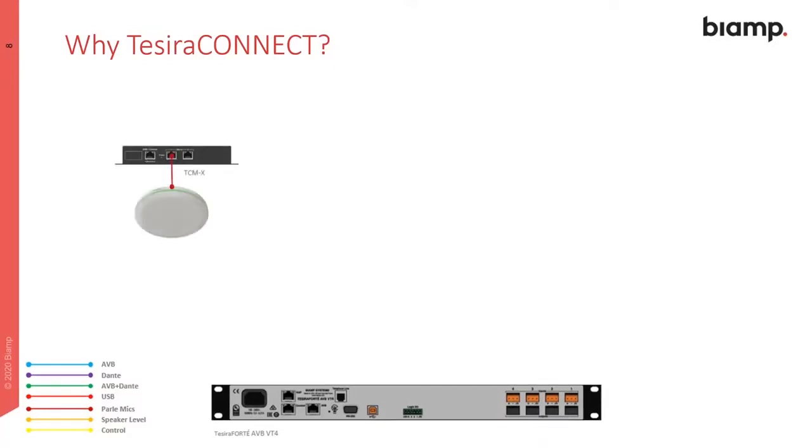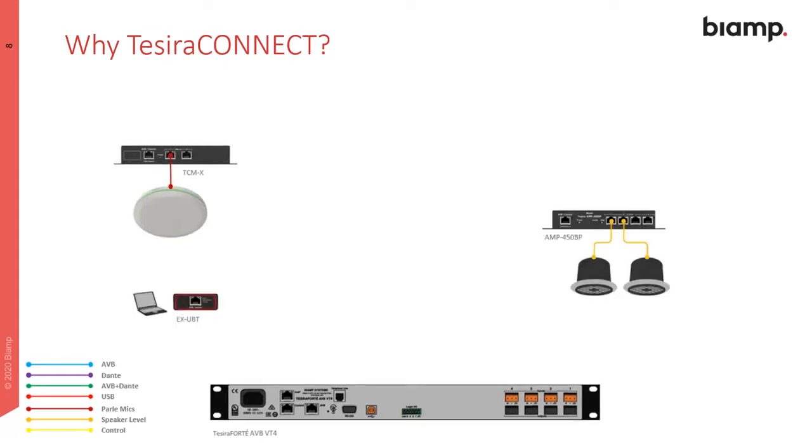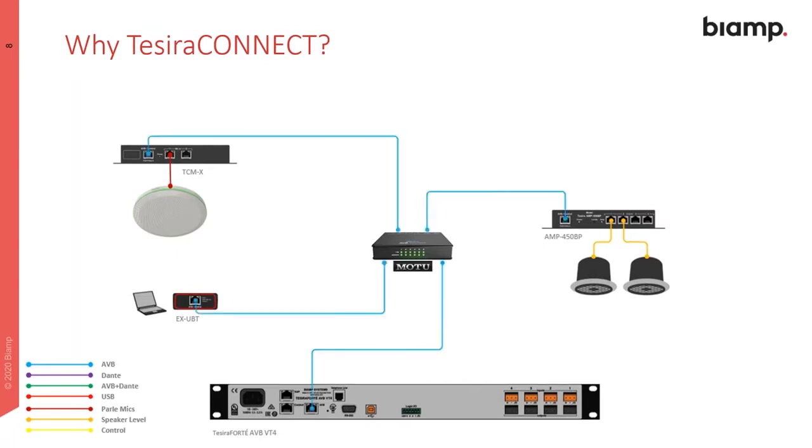For example, if you have a TCM-X, an EX-UBT, an AMP 450 BP, you will need a third-party AVB switch, and because this switch does not support PoE+, you will need to buy some PoE injectors, adding them to the system.